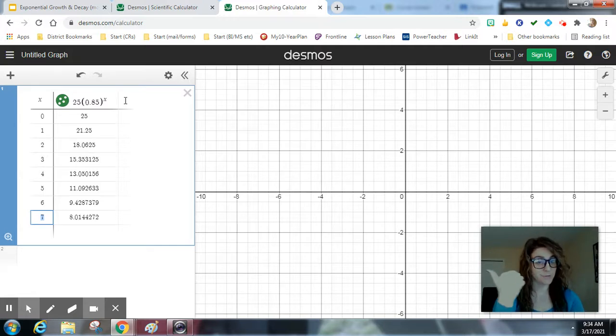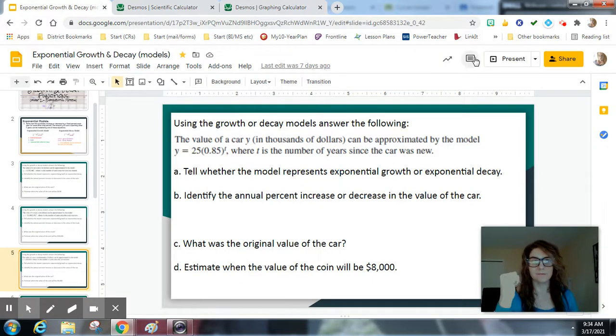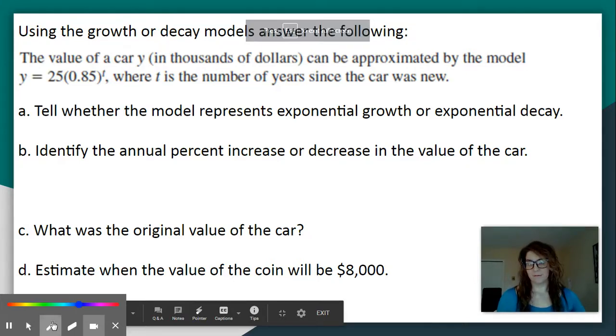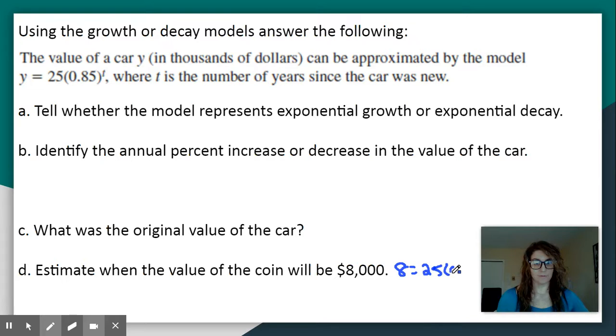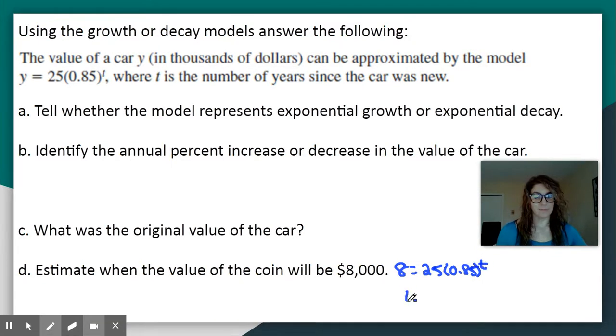So actually, when I set up that previous problem, it should have been 8 equals, not 8,000. And when I look at 7, right here, it was about 8. It was very slightly over, but that's close enough for us to give an estimate. So when I go back, I can say that for 8 equals 25 times 0.85 to the t, that t is about 7.